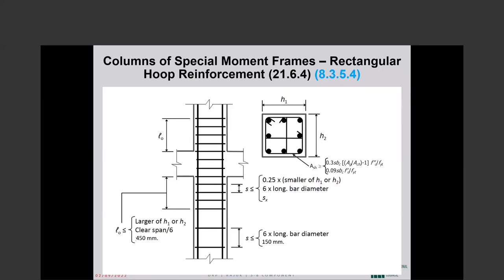So that is a hidden limit on the strength of concrete that we can use in columns in high seismic areas. Yes, ACI does not have a formal upper limit on the strength of normal weight concrete, but here there is a hidden limit. Okay?